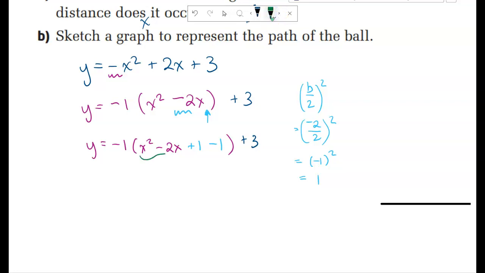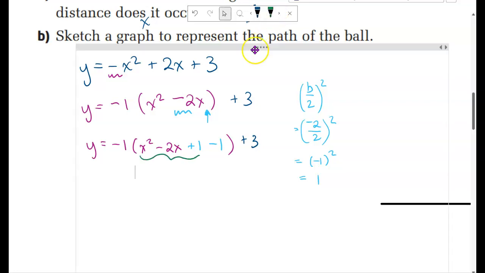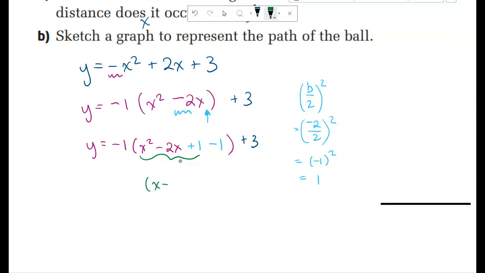By adding in that positive 1, that now creates a three-term expression which is a perfect square, and when I factor these three terms, I get the format of x minus 1 squared. And so I still have in front my y equals negative 1. And what's behind? Well, we have to think about the fact that this negative 1 is not used in completing the square.